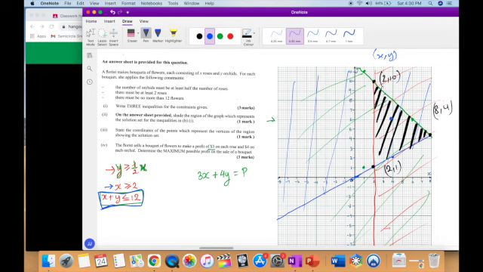Right? So this region here is where I will be making up my bouquets, because in this region here is where it's true for all of them. So that means that if I want to make a bouquet of flowers in order to make a proper profit, then I will have to make my bouquet with numbers of flowers that fall in this region.